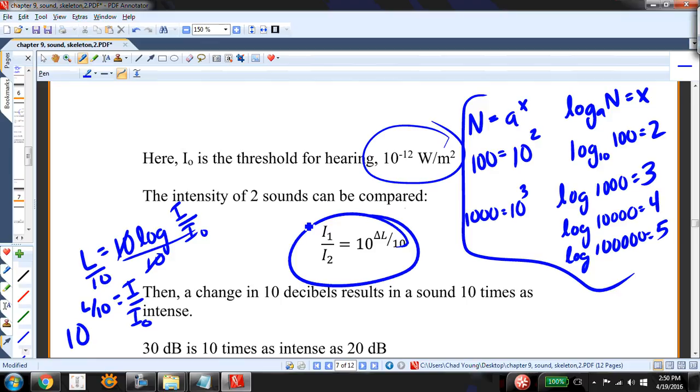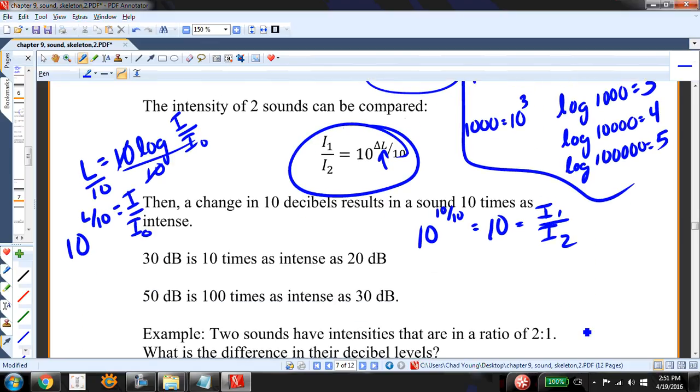Now, a change of 10 decibels is a change in delta L. So if I have a delta L of 10 decibels, that's going to be 10 to the 10 over 10, which is 10 to the 1, or 10. That means a change of 10 decibels will give me an I1 over I2 equal to 10. So my intensity will increase by a factor of 10.